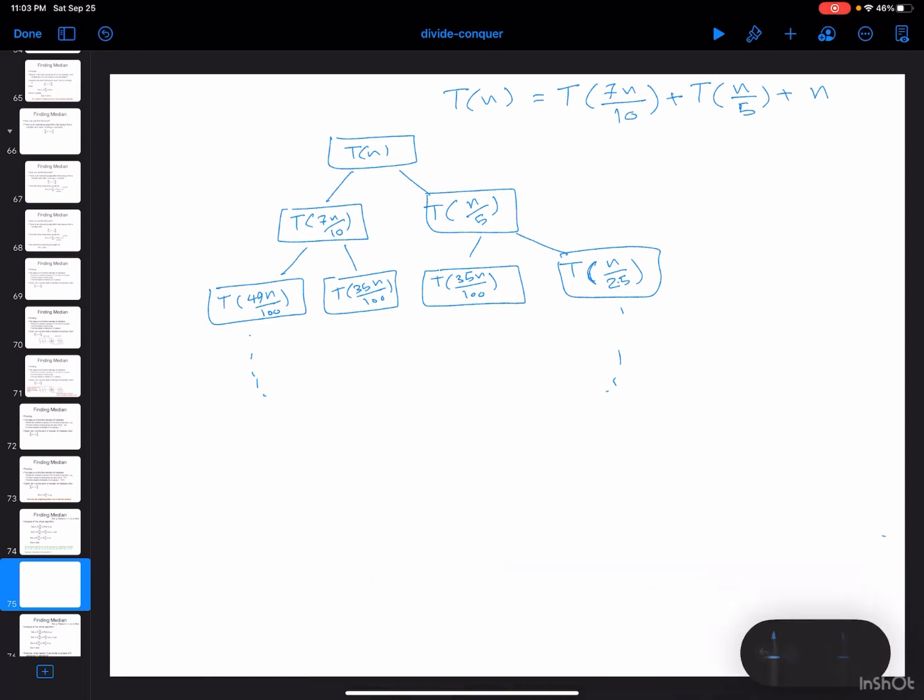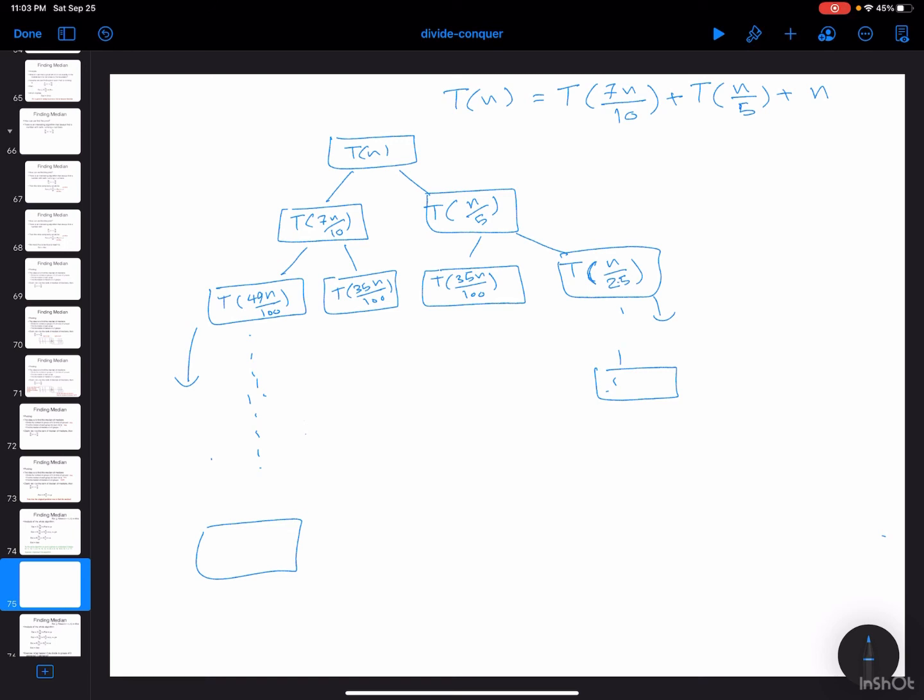There's something about this tree. Of course, this part is going to reach the leaf node faster, because of the smaller fraction on this side. So the tree is going to be uneven.